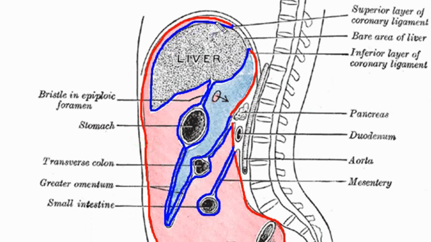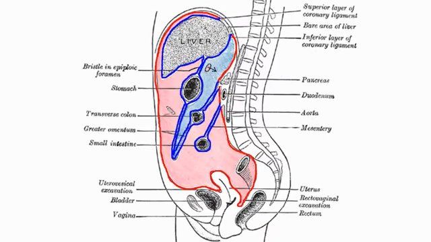So it starts above at the diaphragm and extends all the way down to the pelvic cavity. So that's the greater sac. Next we'll take a look in a bit more detail at some of the peritoneal attachments, and we'll trace their path through the peritoneal cavity so we can get a better understanding of where these attachments are and what organs are retroperitoneal and which organs are intraperitoneal.